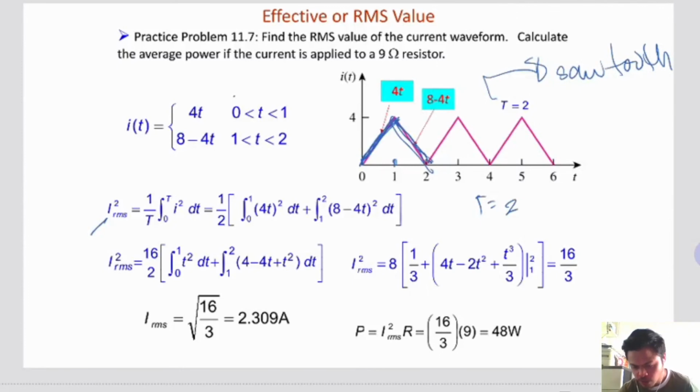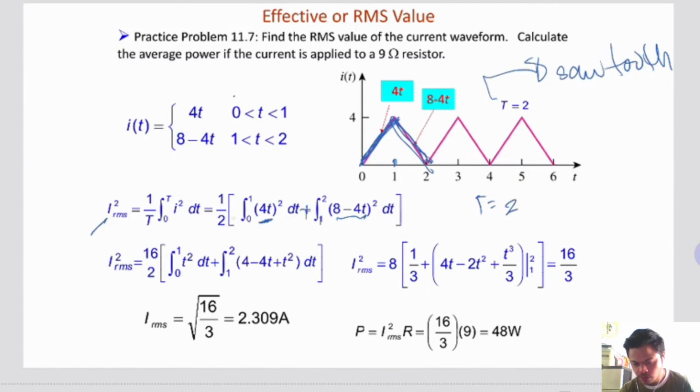Therefore, substituting the equation, you have 40 squared integrated from time interval 0 to 1, plus 8 minus 40 squared evaluated from 1 to 2.